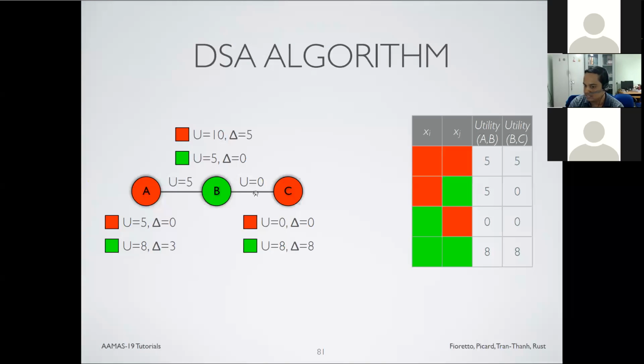So 8 plus 0, 8. And the earlier utility was 5. So if instead of red we choose green, then we can possibly improve the utility by 3.